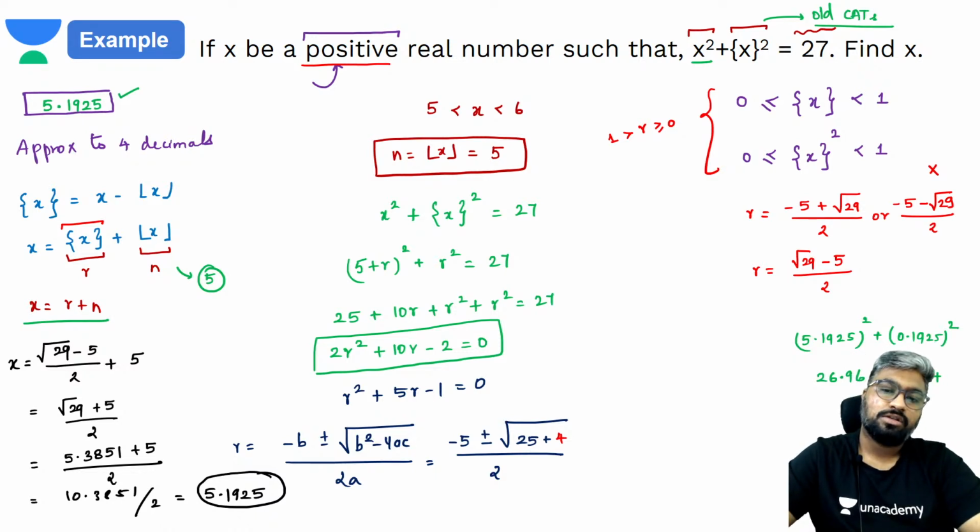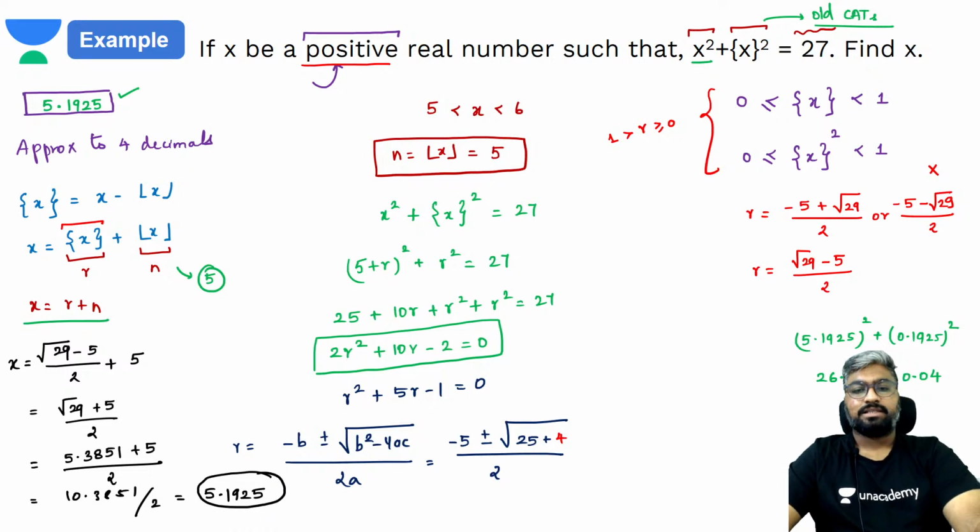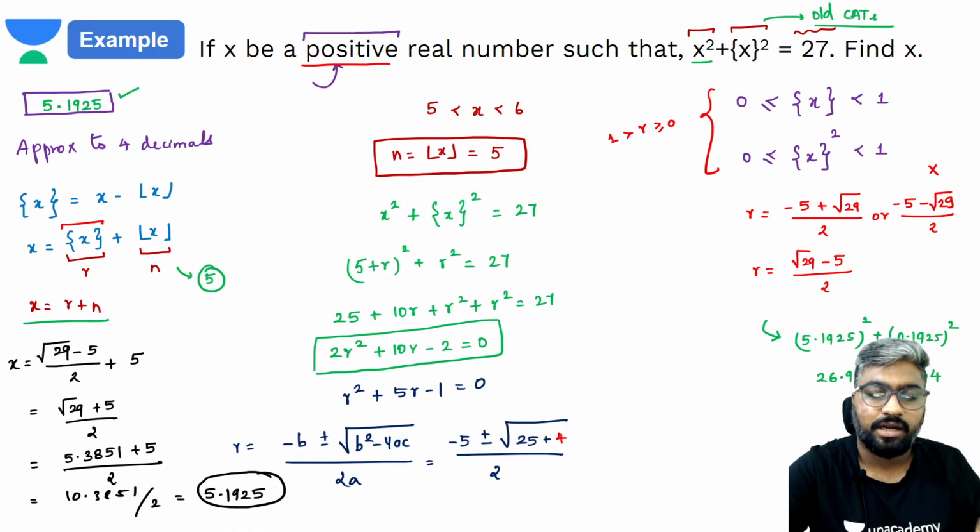So what are you getting? 27. Checking. If there were answer choices, we would have directly jumped to reverse engineering, and not done all this stuff.